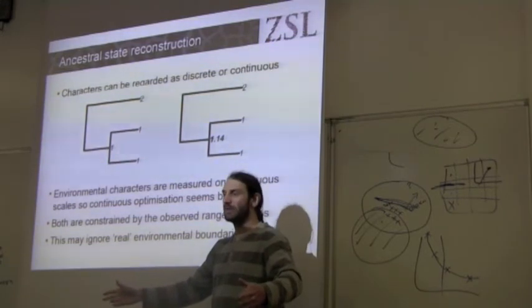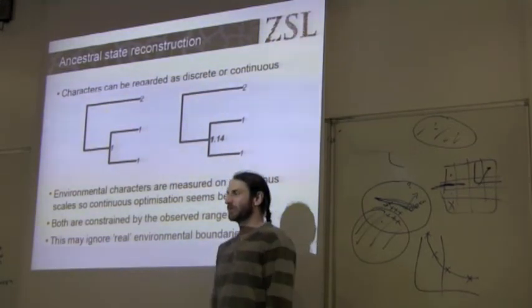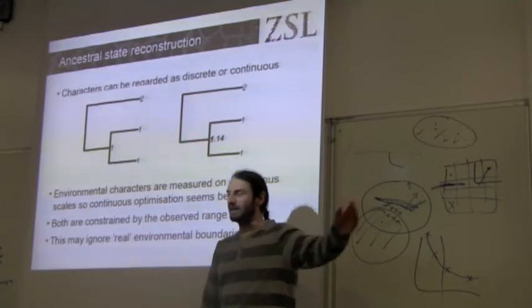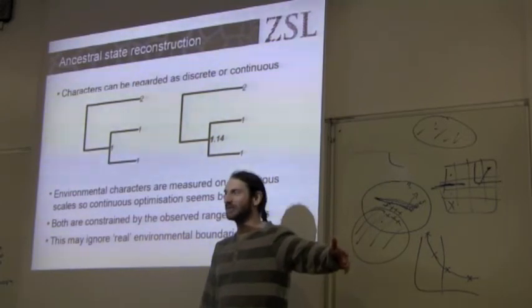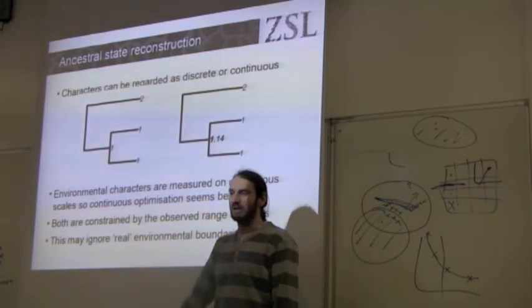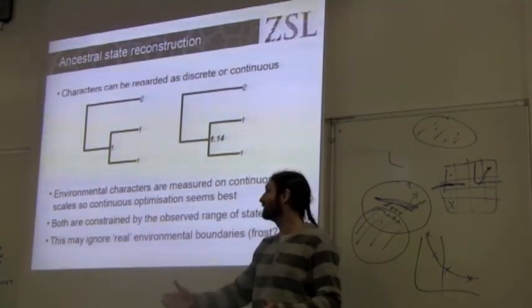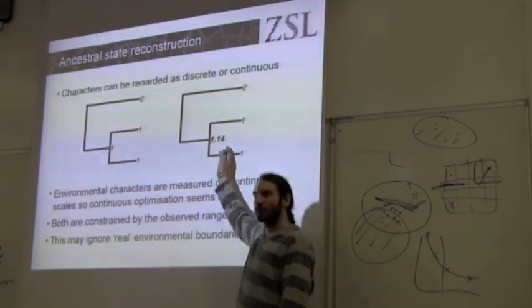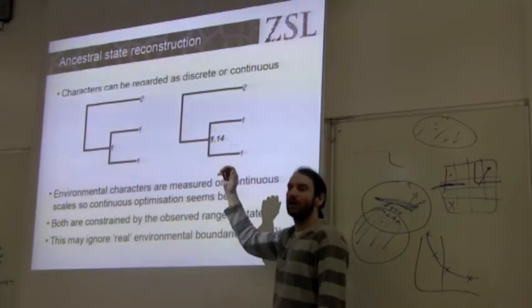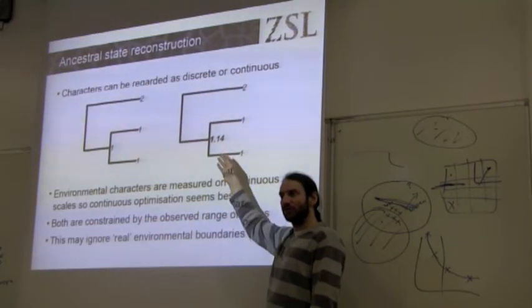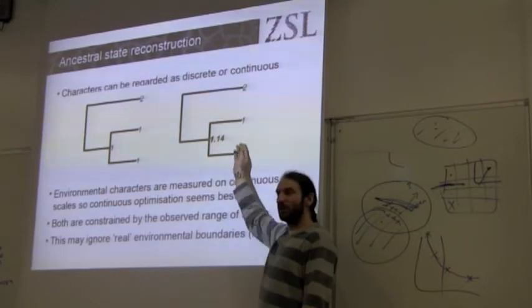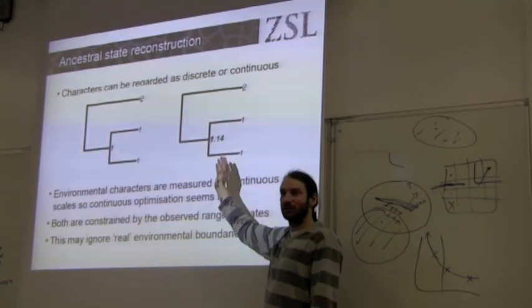So our temperature preferences can range anywhere from, I don't know, 45 degrees to minus 20 or whatever, okay? But that's on a continuous scale. So our ancestral state reconstruction of continuous variables needs to employ a different methodology. Okay?